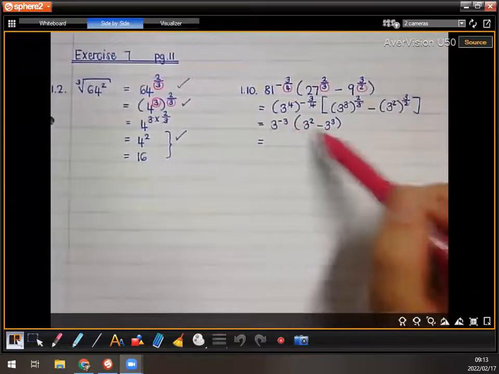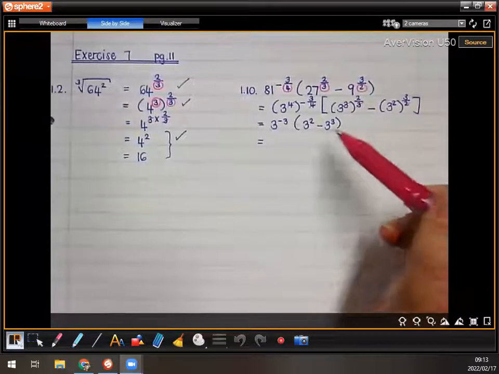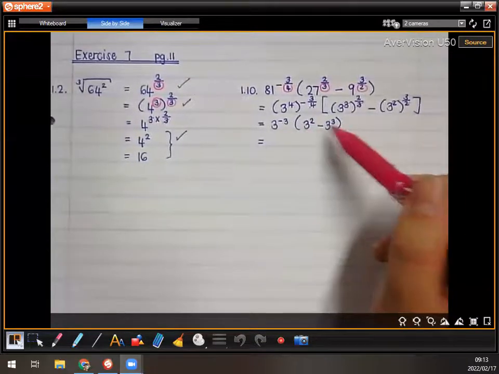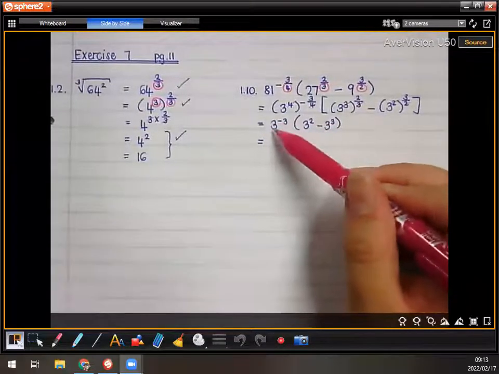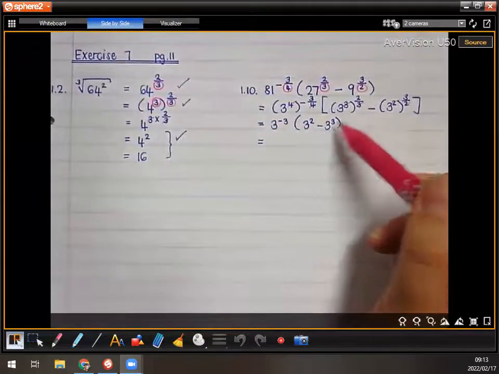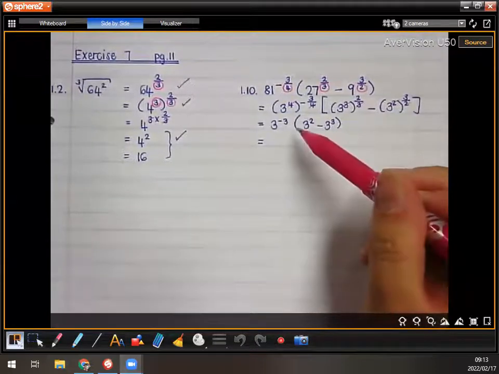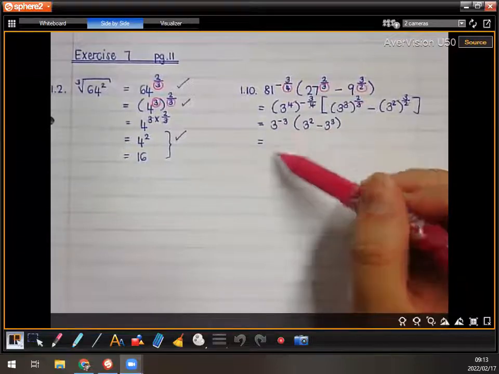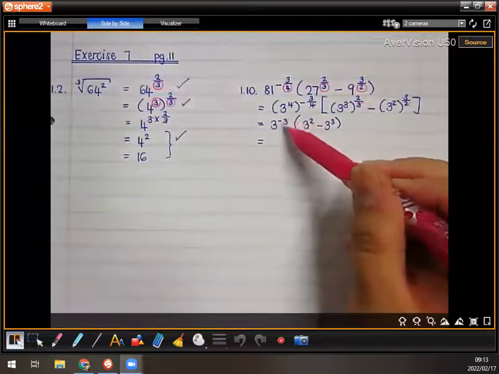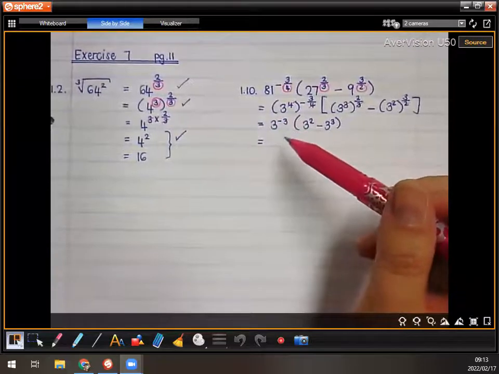All right, from here you could actually work with the numbers, right? Because there are no variables, it's all numbers. You agree with that? 3 to the negative 3 is a number, 3 squared is a number, and 3 is a number. So what is 3 to the negative 3? There's a negative exponent. What do I do with it? I have to move it, right?